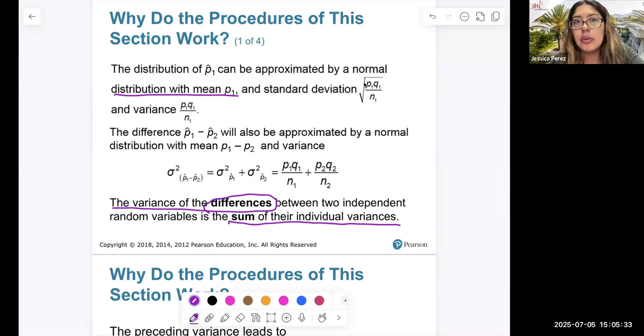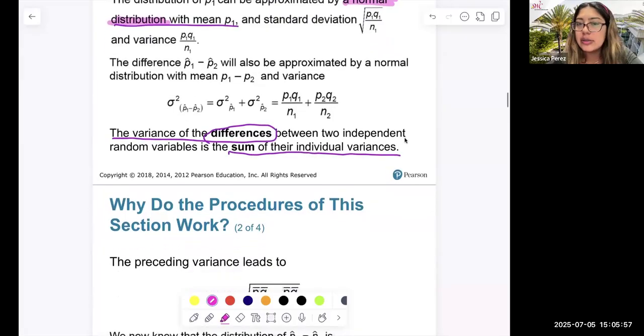Again, this is what we're going to do in the preceding sections. So all of this works because of normality. It must be a normal distribution, with a mean of P1 and standard deviation of the square root of P1 Q1 over N1. Same thing with P2 and Q2.